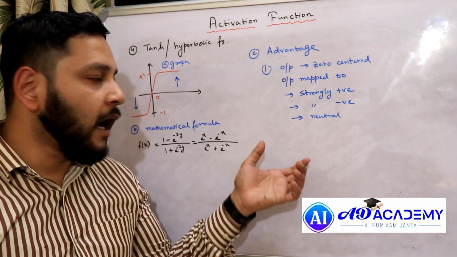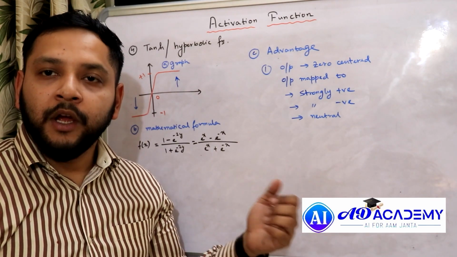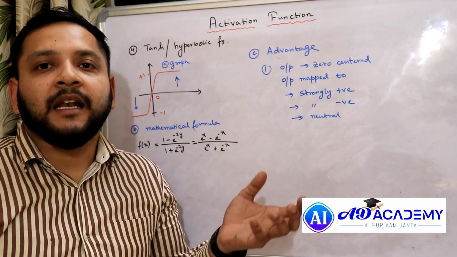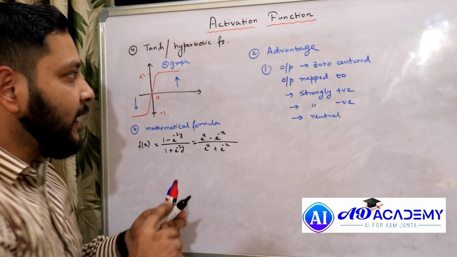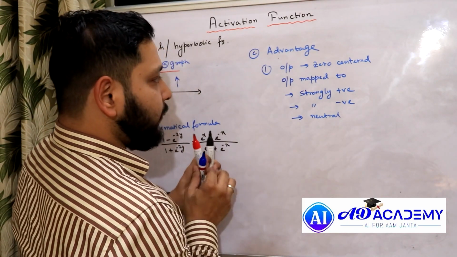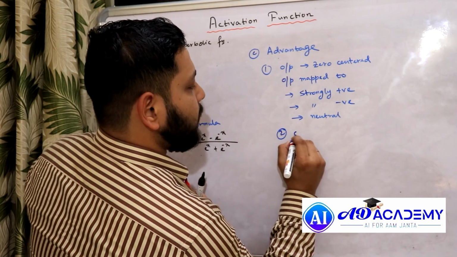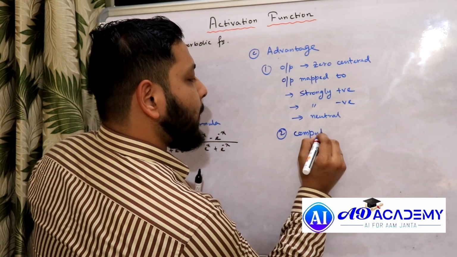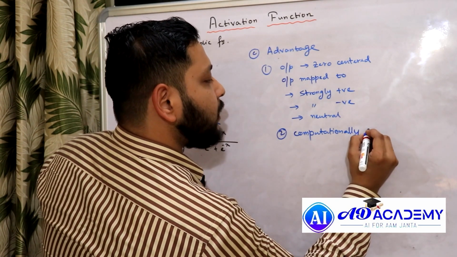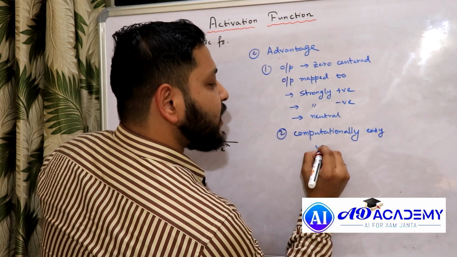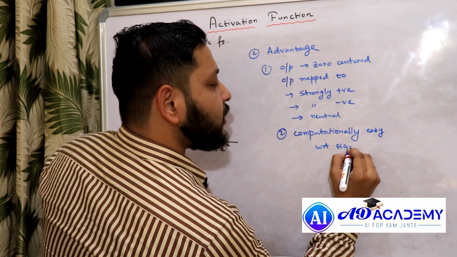And as the output is centered around 0, it helps to make the learning very fast. The neural network can learn very easily. That is, it is computationally easy with respect to sigmoid function.